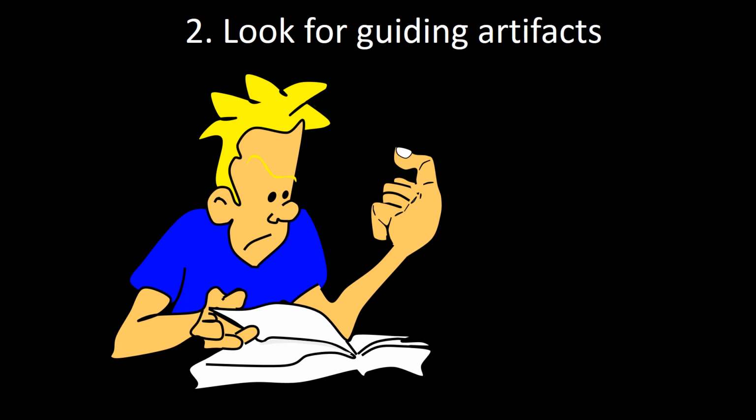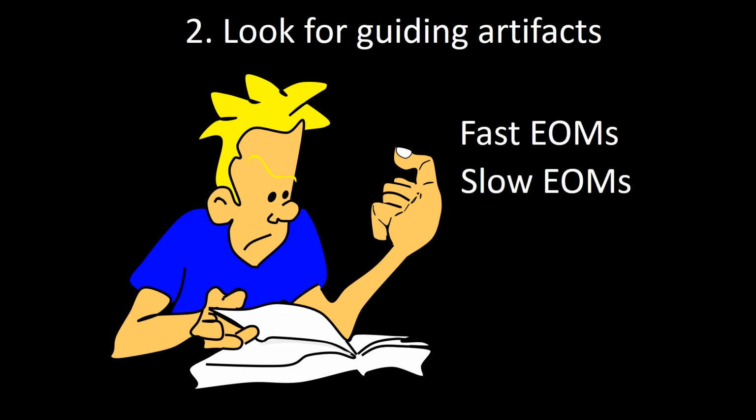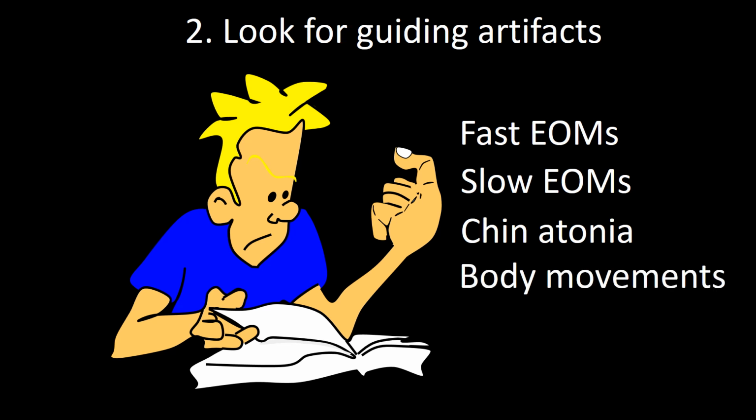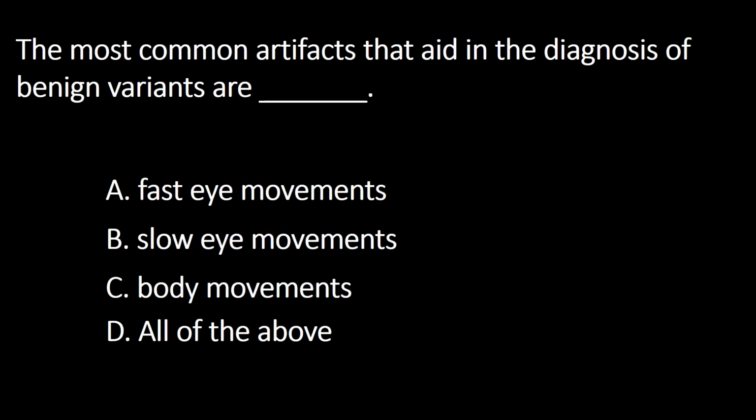The most common artifacts that guide in the recognition or identification of graphoelements are fast extraocular movements, slow extraocular movements, chin atonia, and body movements. So the answer to this question is D.